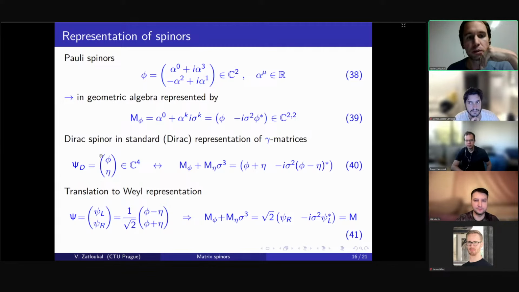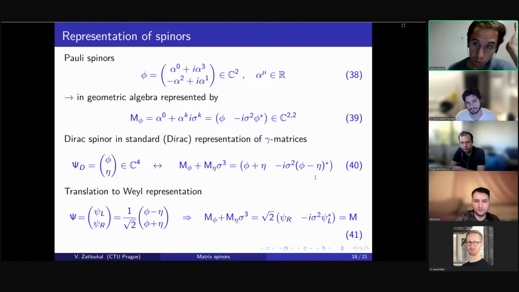And for the Dirac spinors, those are basically two Pauli spinors stacked on top of each other, and they give this relation 40, but they work in the Dirac representation of gamma matrices.